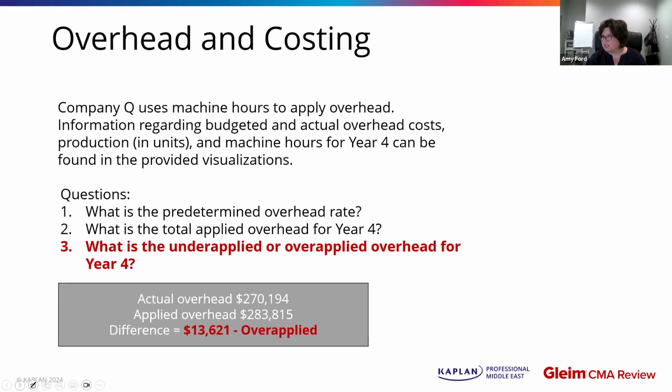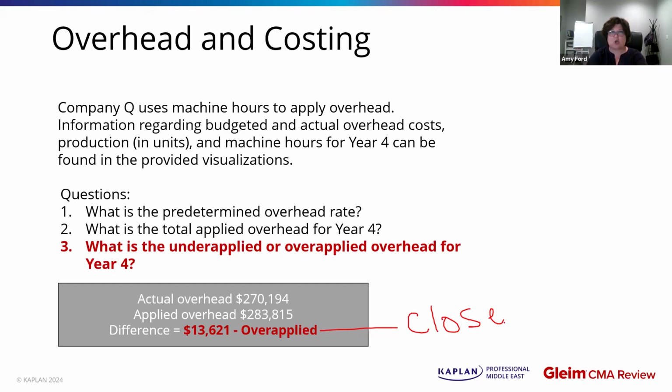What's the interpretation? When we have over applied, what we'll do is we have to take this over or under applied and close it at year end. How we close that at year end is, if it's over applied, that means we've costed too much.